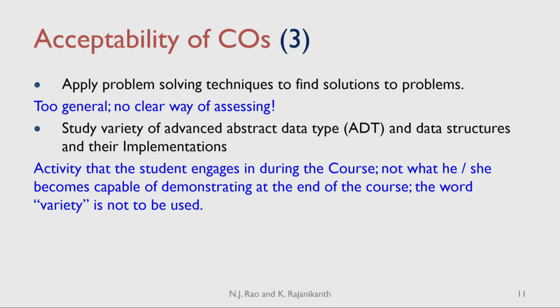It could be a queue, a stack, a tree, whatever abstract data types the instructor plans to essentially cover in the given instructional unit must be stated here. So this statement has 2 problems. The word variety is not acceptable, and this is an activity that the student engages in during the course and not an outcome statement.